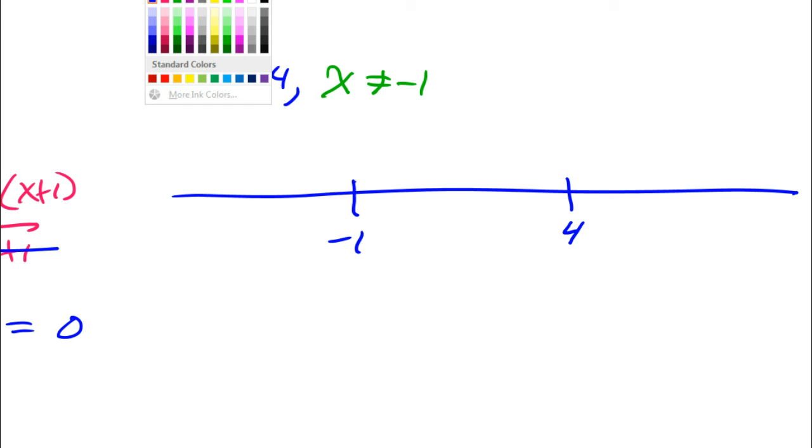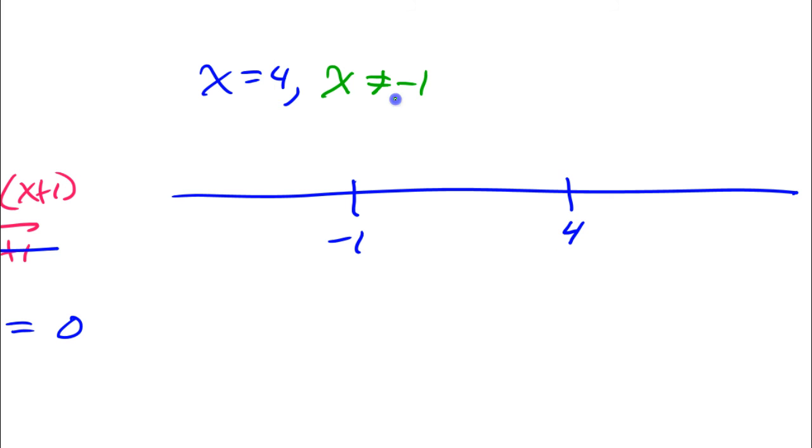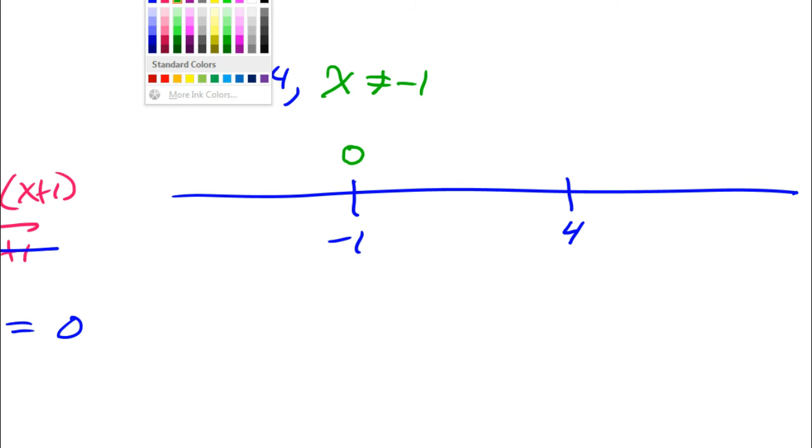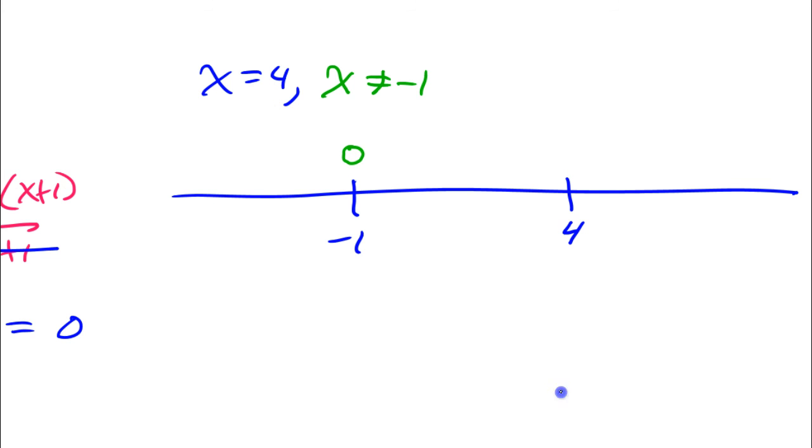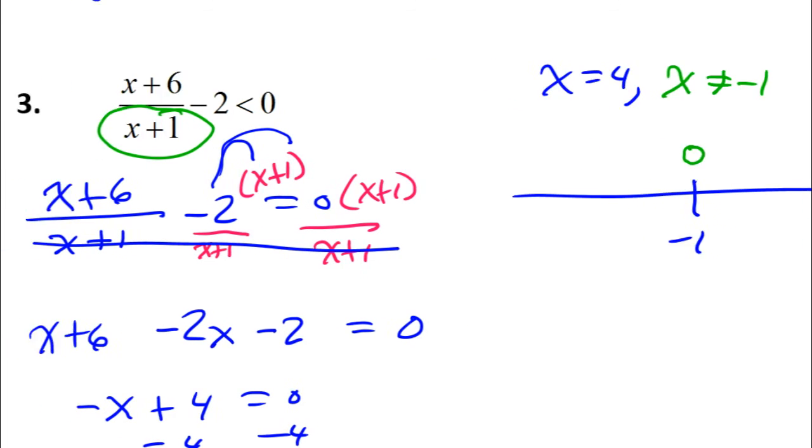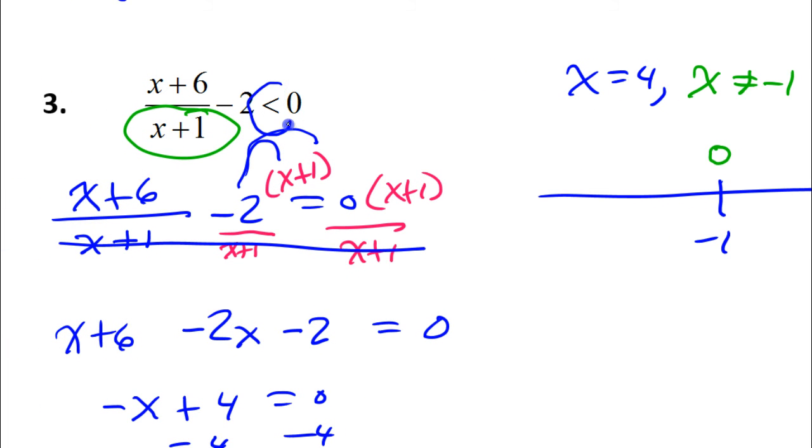Okay. The negative 1, excluded values are always open circles. The solutions to the equation are sometimes open and sometimes closed, depending on this symbol. So will this be open or closed this time?